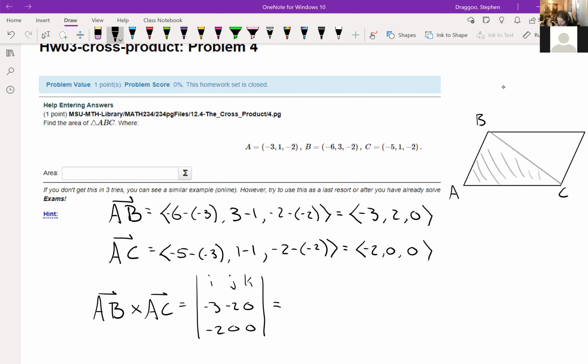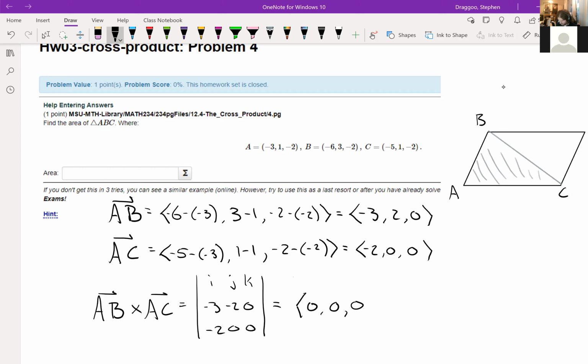Looks like if I calculate either the i or the j components, I'm going to get 0, since that k column is 0 all the way down. So the first 2 components, I definitely get 0. And then for the third component, I'm going to get 3 times 0, which is 0, minus -2 times -2.